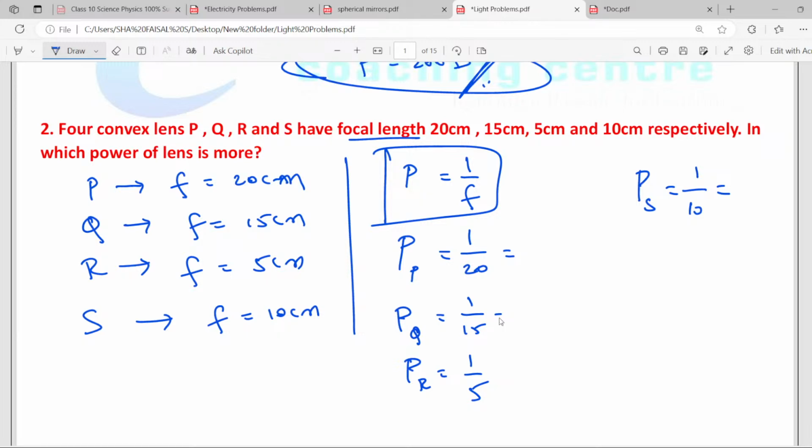Calculate the values. Tell me the answer fast. First, you have to convert this 20 centimeter into meters or meters into centimeters. What is the answer? 1 by 20?